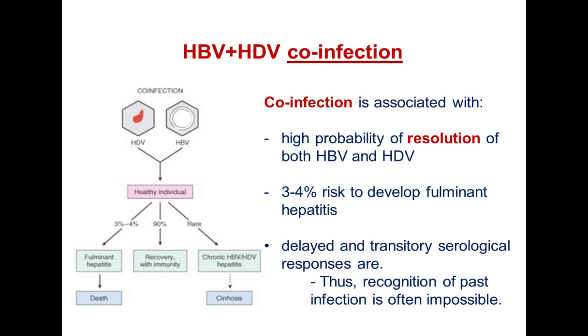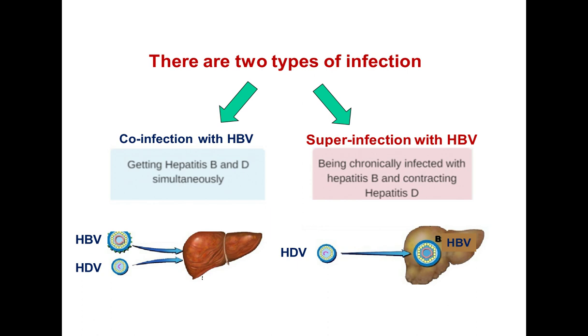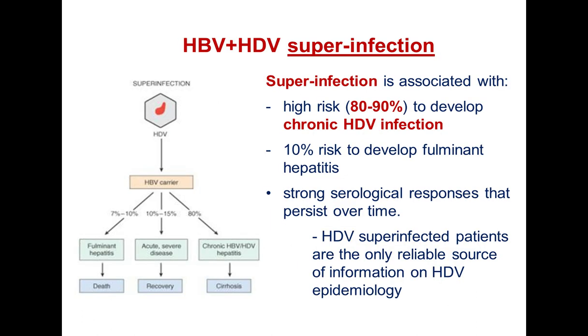A completely different scenario is represented by superinfection. Superinfection means that an individual with an already established chronic HBV infection gets infected by HDV. Superinfection is associated with an 80–90% risk to develop chronic HDV infection and with a 3% risk to develop fulminant hepatitis.